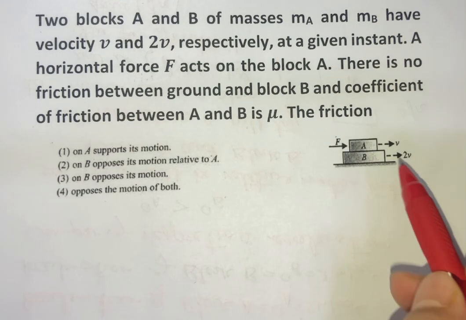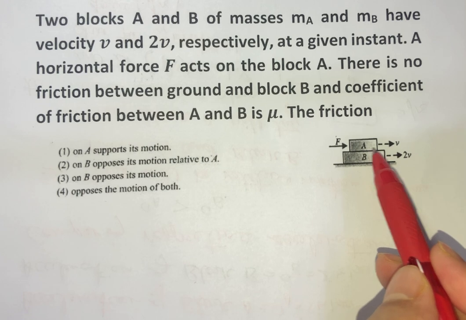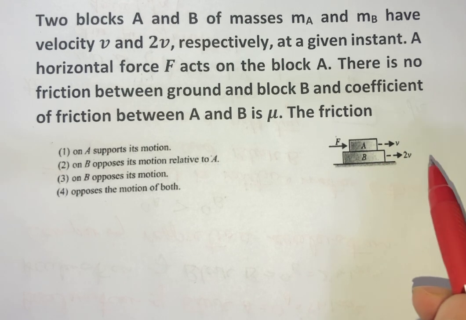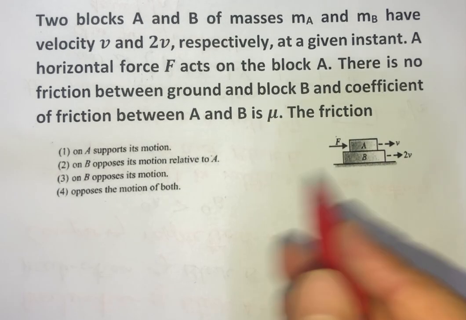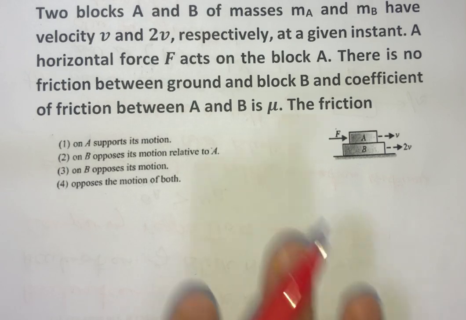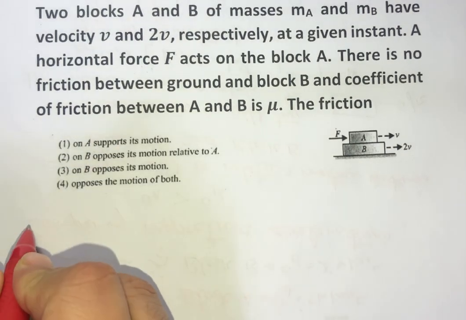It is given that block A and B have different velocity. A is given as v and B is twice of that. So first of all, let's write down some important conclusions which can be drawn from the figure as well as the information given.